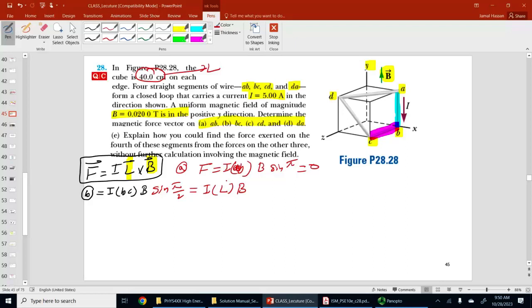Current is going from B to C, so current is on the Z axis, toward Z, and the magnetic field is toward Y. So the force has to be toward X or minus X. It's actually toward minus X. So I could write this equation like this: for part B, remember I put a vector on it, F is equal to I L B, and I'm saying it's minus i, so people know it's opposite to the x-axis. Easy peasy. Okay, the other part, this one.